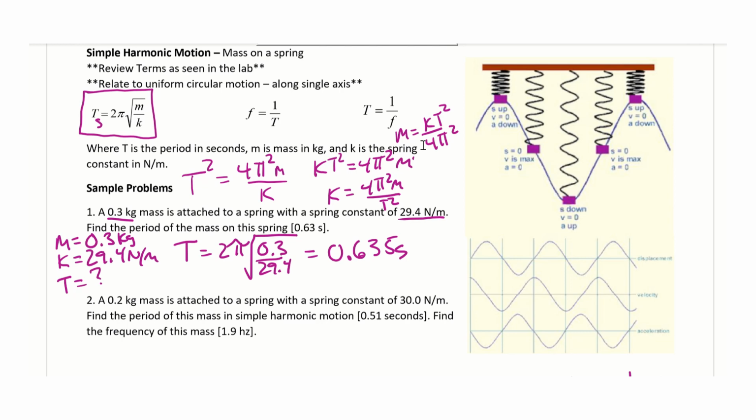M is equal to K times period squared divided by 4 pi squared. One thing to remember is that when you type this in, if you're off by a factor of 10, it's because you forgot parentheses around the denominator. Or probably an easier way is not to use parentheses and just do K times period squared divided by 4, divided by pi squared.